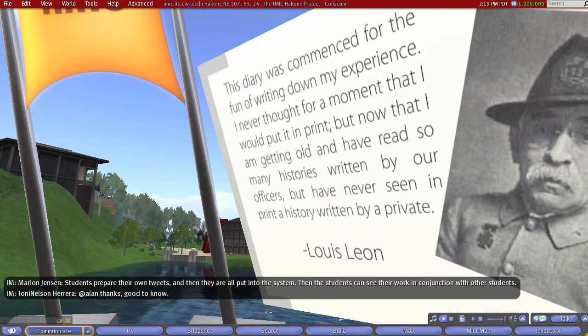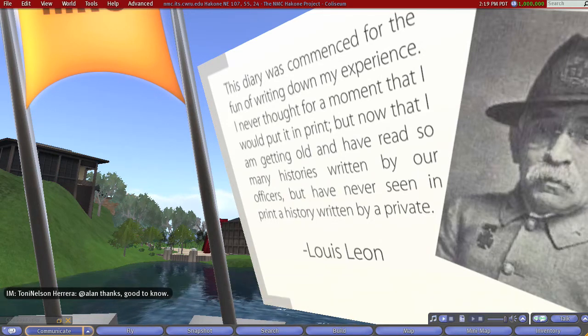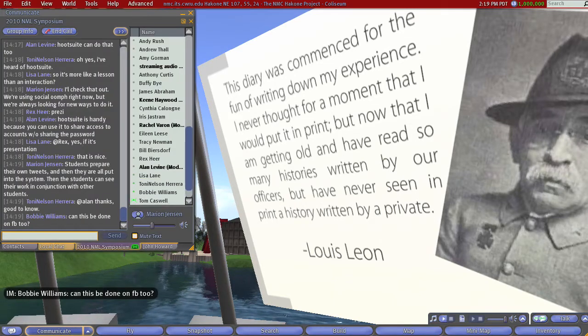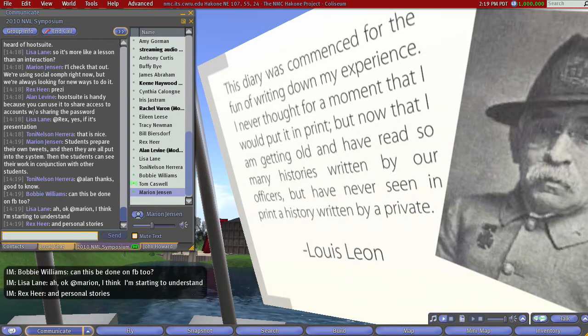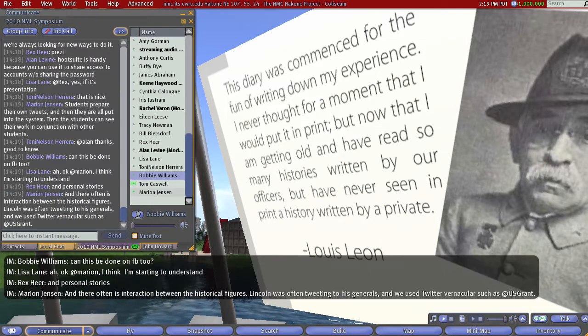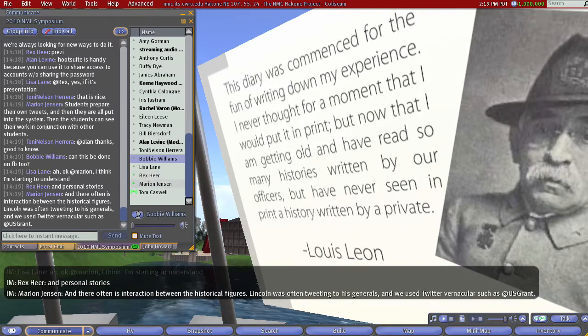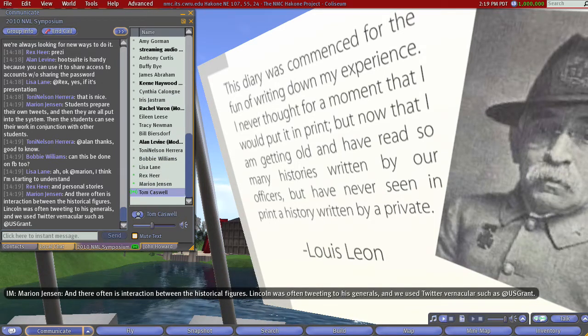But in this case, we can actually represent history from multiple perspectives, not just winners and losers, but perhaps privates or wives of privates, people who actually were involved with, who shared the historical moment, but perhaps from a completely different place. So that actually helps us to look at the different historical perspectives, which I want to just share a little bit more about. Next slide, please.